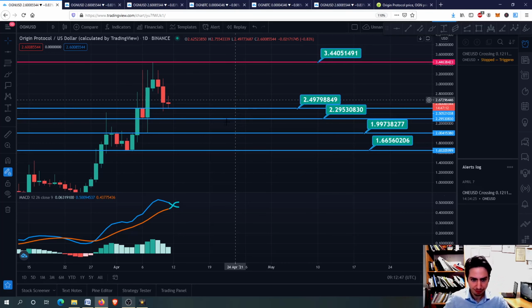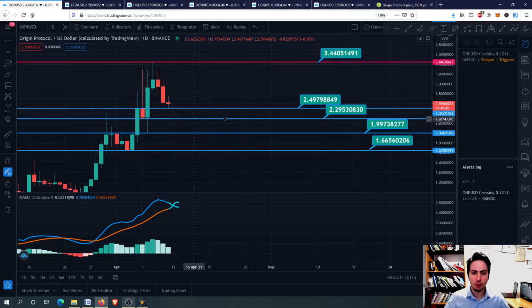Our next is 2.30, 2.29, around there. I will explain that support level in the 4-hour frame. And of course we have 1.99, close to 2 USD, and 1.66 USD.